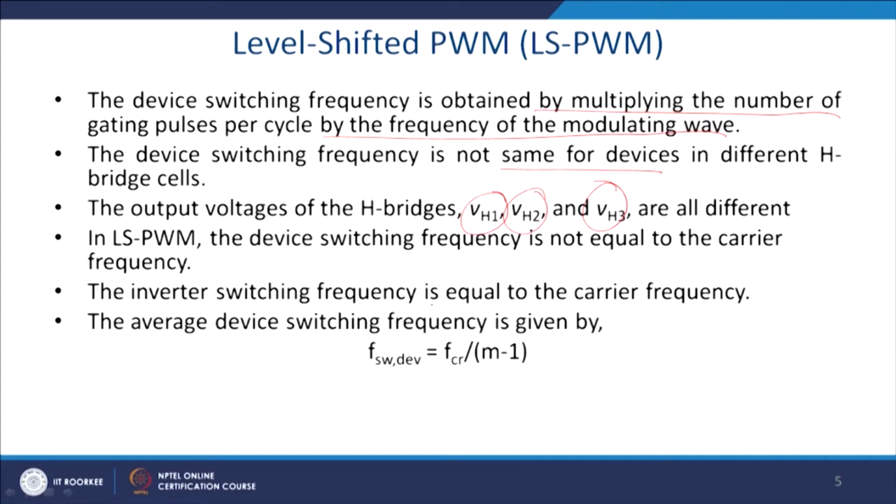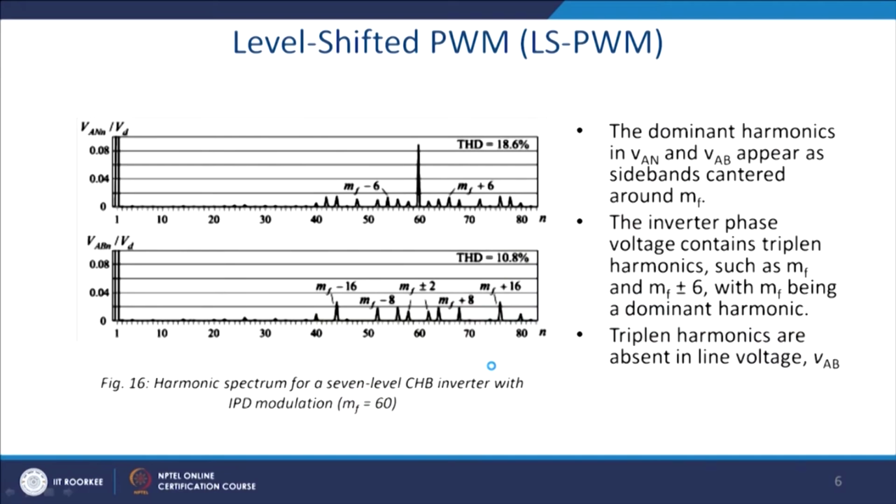Inverter switching frequency is equal to the carrier frequency, but individual frequency is generally more than the carrier frequency, and thus the average switching frequency is given by this, switching frequency by m minus 1, and ultimately this is the case.